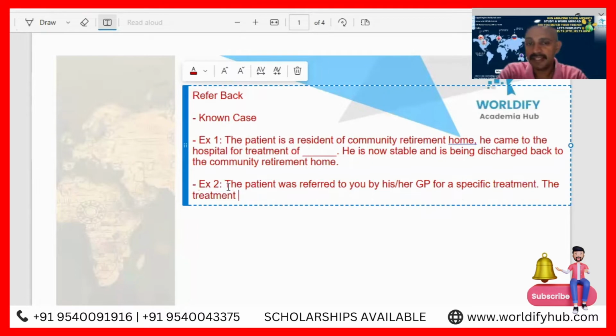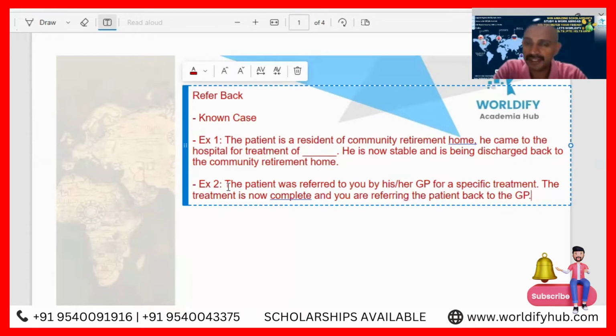The treatment is now complete and you are referring the patient back to the GP. So just stay on these two examples. These two examples are good enough for you to understand what a refer back case is.